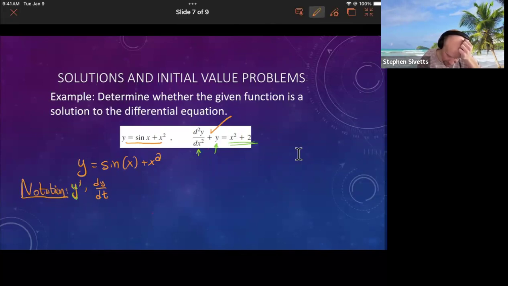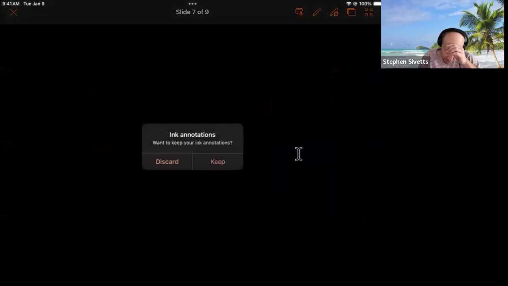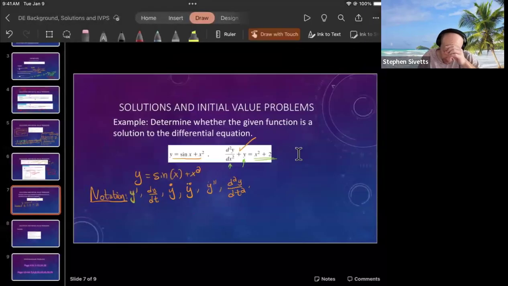So dy dt is the first derivative of y. Sometimes you'll see y dot in some textbooks, which just means the first derivative. You could also see y double dot, which means the second derivative, or y double prime like this, or the Leibniz notation. So that's important about the notation of the derivative.